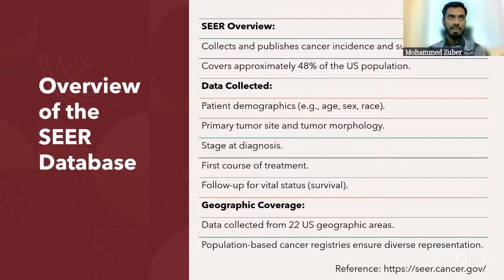For example, you might get a treatment variable classified into whether or not the patient received chemotherapy, surgery, or radiation. But if you want specific treatment information, such as the overall survival of stage 4 NSCLC patients treated with pembrolizumab, you might not get these variables because it is not as specific as that.